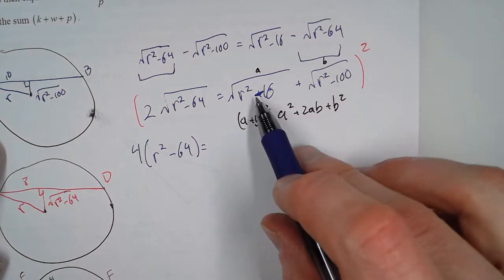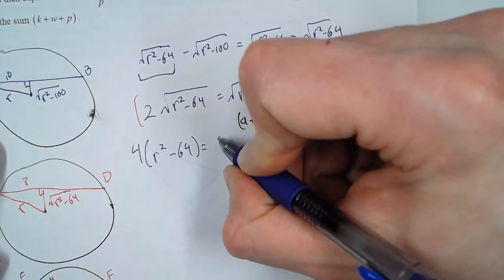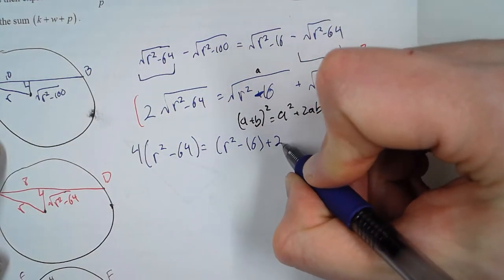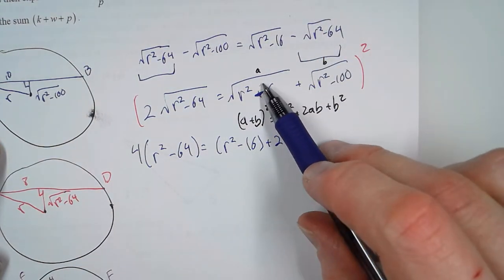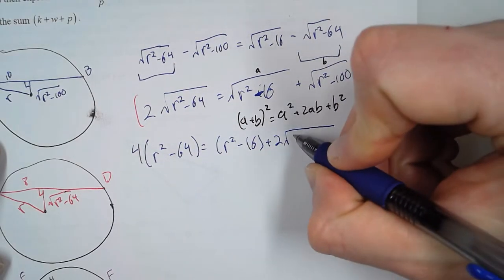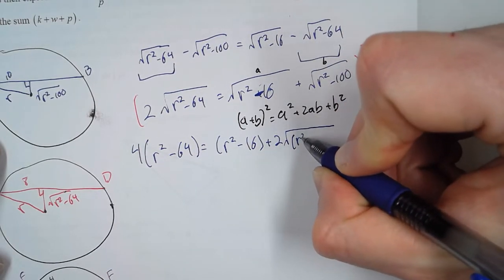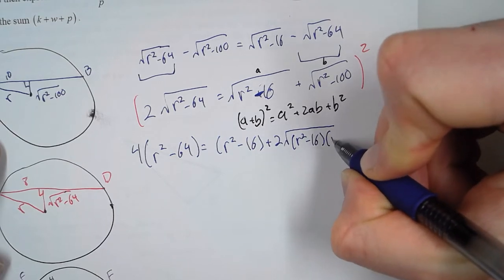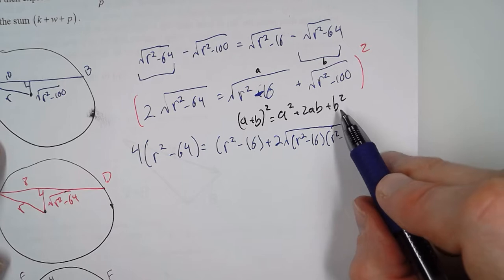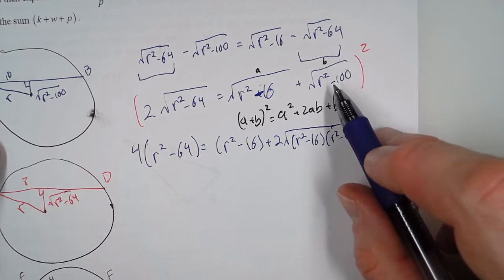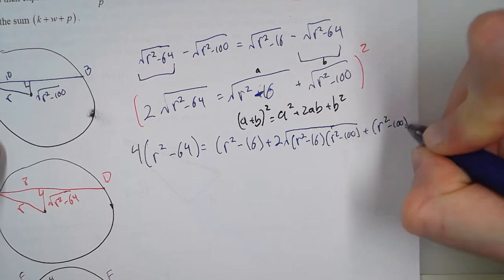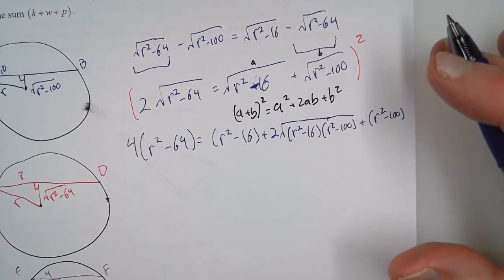So if I square this, that's fine. We're just going to get r squared minus 16 plus 2. And then we have to multiply this times this. Now I'm going to multiply them under the same radical, since it's both square roots. r squared minus 16, r squared minus 100. And then plus b squared. So this is b, so if we square it, we get r squared minus 100.